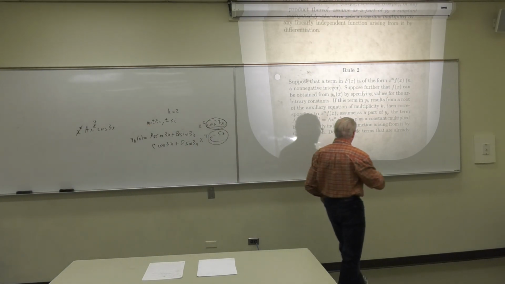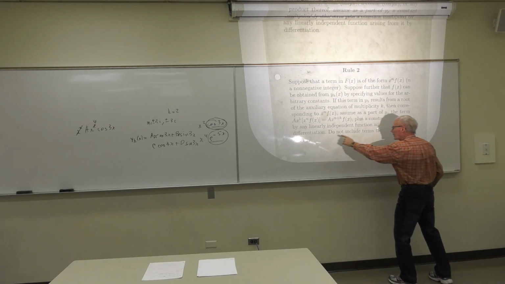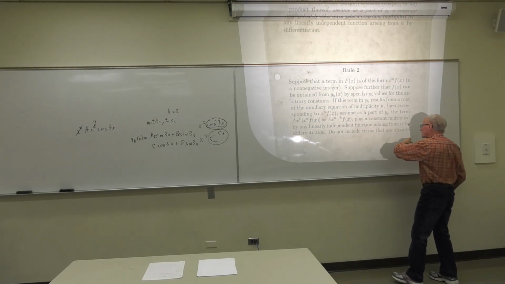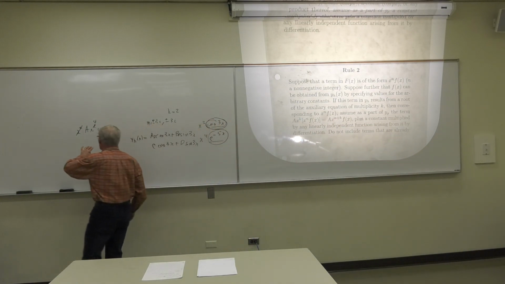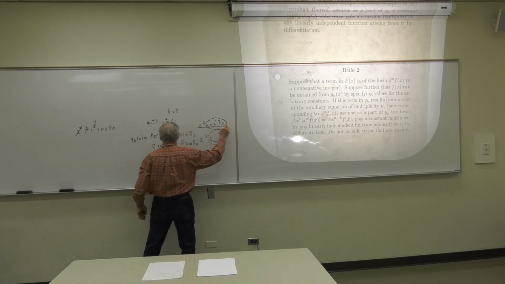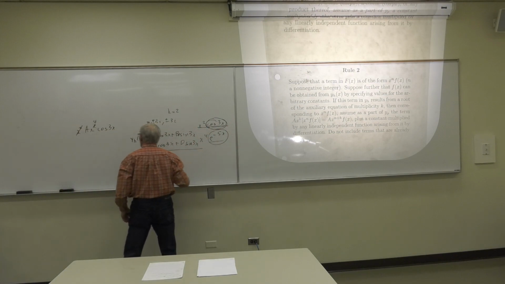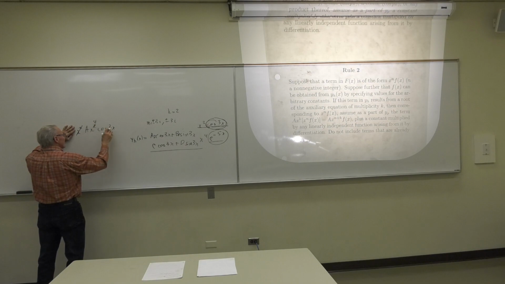That plus a constant multiplied by linearly independent functions obtained by differentiation, but do not include terms that are already in the y sub h. So there would be my start for this one. I start with that one, and now I start differentiating. If I differentiate this, I'll get x to the 4th sines. I need those.